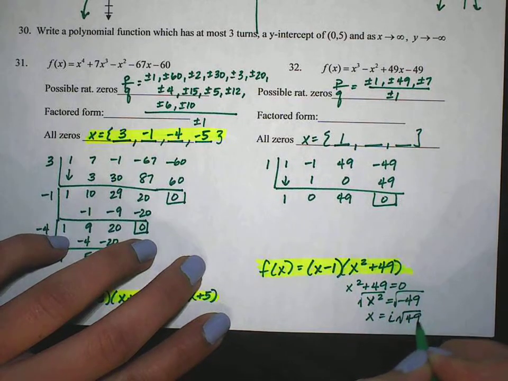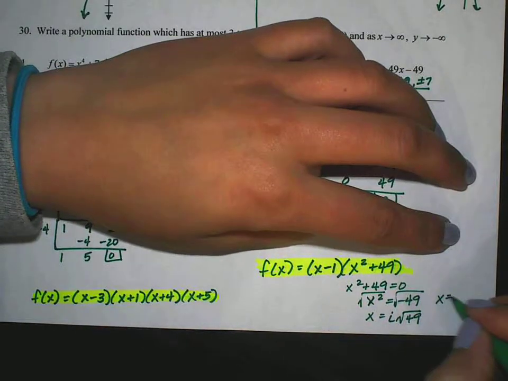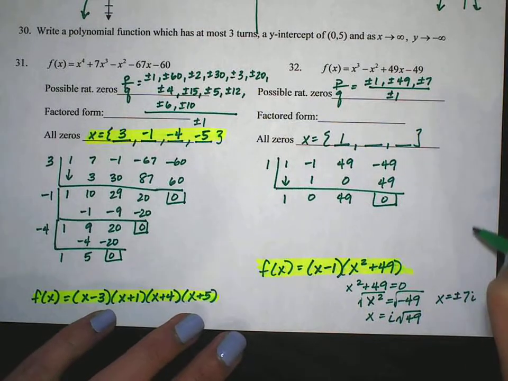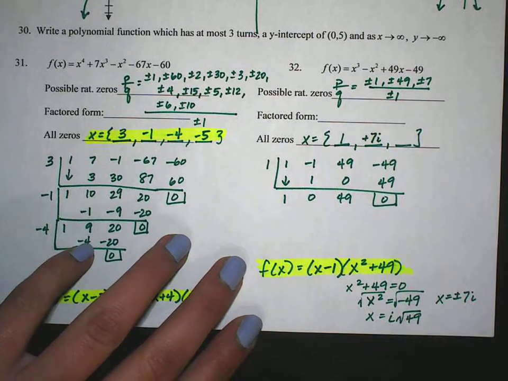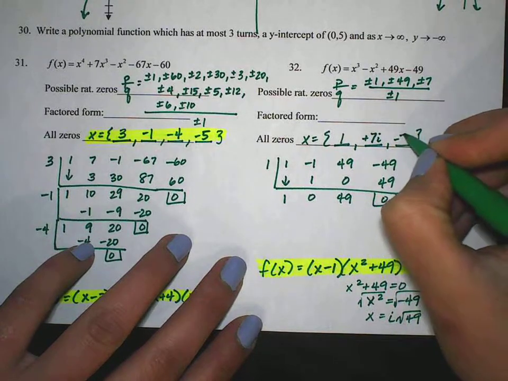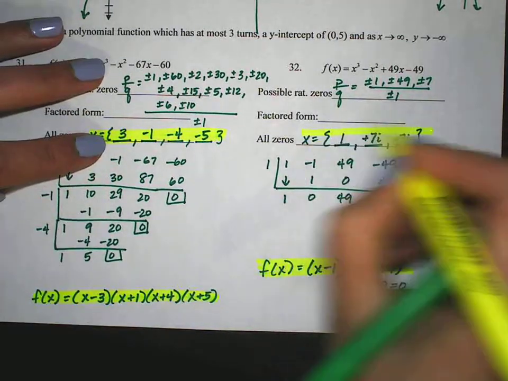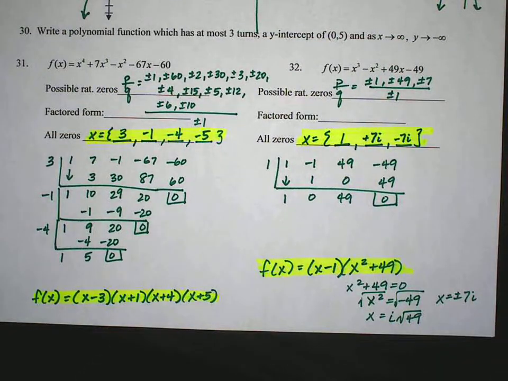Square root of 49 would be plus or minus 7. So x equals plus or minus 7i. That's where I'm getting my other 2 answers. I'm getting positive 7i. Okay, I'm also getting negative 7i. So those are my zeros: positive 1, positive 7i, negative 7i.